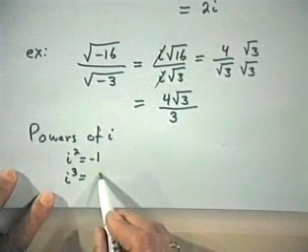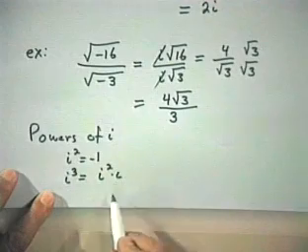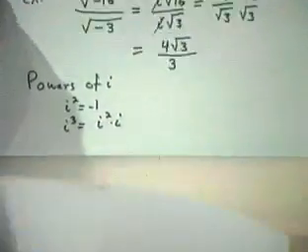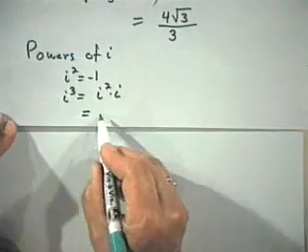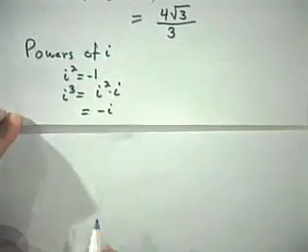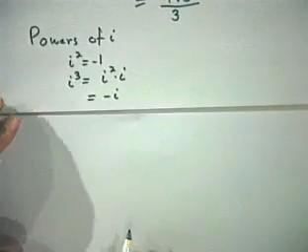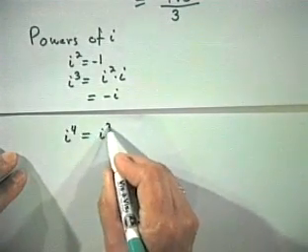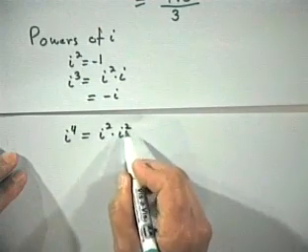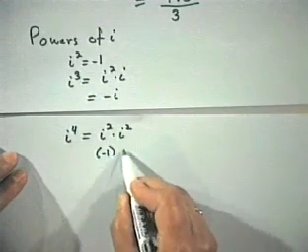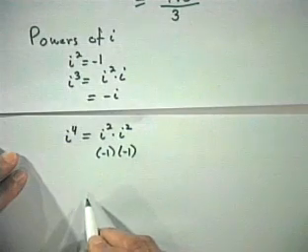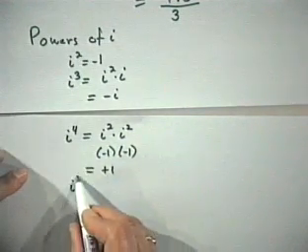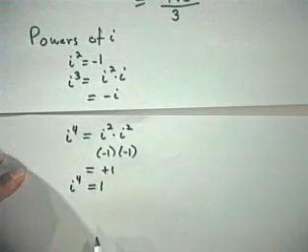I cubed is the same thing as I squared times I. But I squared is negative 1, and so this is nothing but a minus I. Turns out that I cubed is just equal to a minus I. What about I to the 4th? That's the same thing as I squared times I squared. I squared is negative 1, so we have negative 1 times negative 1, which is positive 1. So it turns out that I to the 4th is equal to 1.